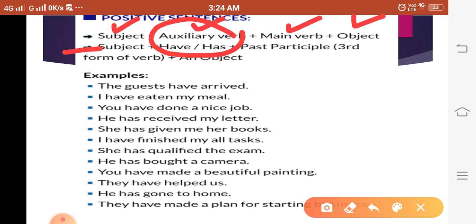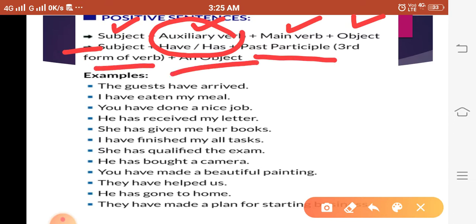Clear? So if we have subjects as he, she, it, or any other singular noun, then we use has. If we are using subjects as I, we, you, they, then we will use have. Then the past participle form or third form of the verb, and then the object.